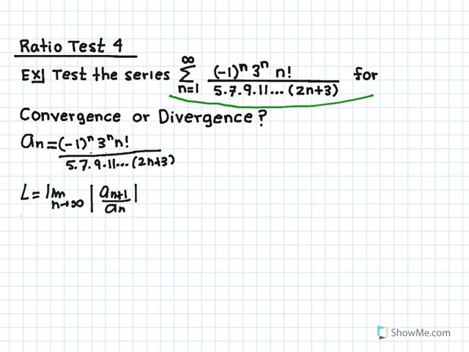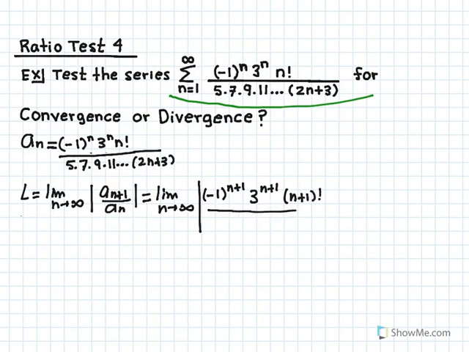This is equal to limit as n approaches infinity. Now plug in n plus 1 wherever we see an n. So we have negative 1 to the power of n plus 1, 3 to the power of n plus 1, times n plus 1 factorial, divided by 5 times 7 times 9 times 11, and so on, all the way up to 2n plus 3.